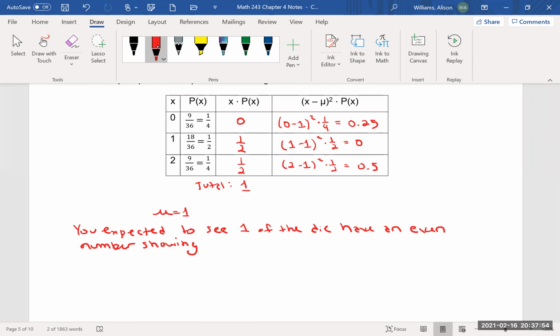And I am getting 0.866. So that is then 0.866. I'll just round it to 3 decimal places.